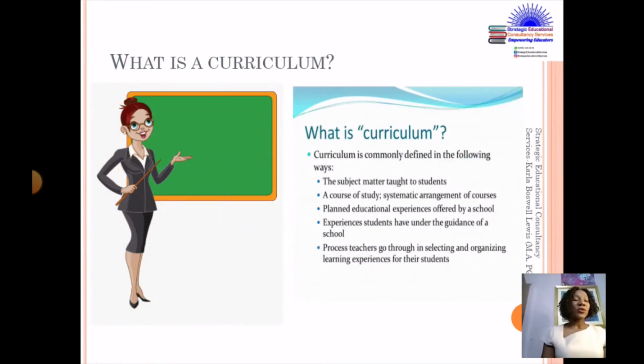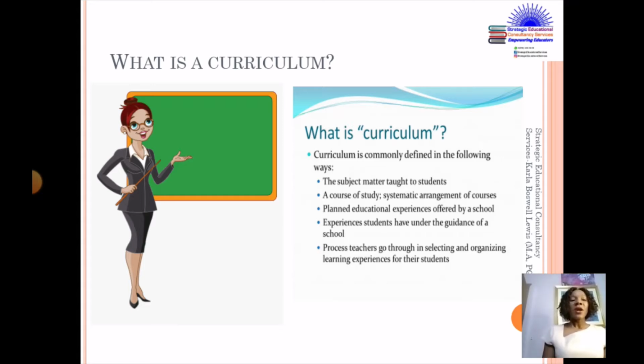And so we want to look at what is a curriculum. Of course, there are many different ways in which we can define what a curriculum is. For example, it could be defined as the subject matter taught to students. It could be a course of study, a systematic arrangement of courses. It could also be planned educational experiences offered by a school, as well as experiences students have under the guidance of a school.